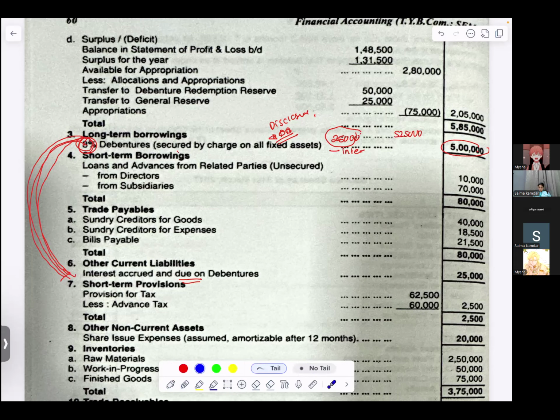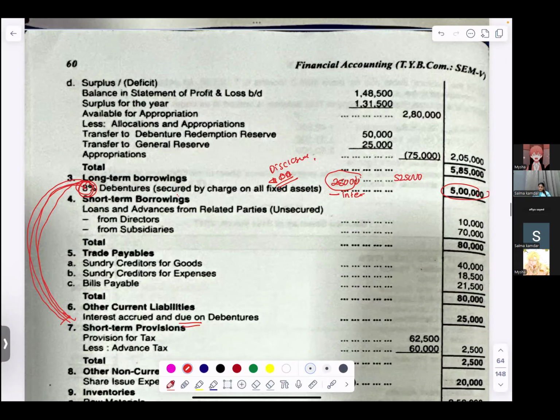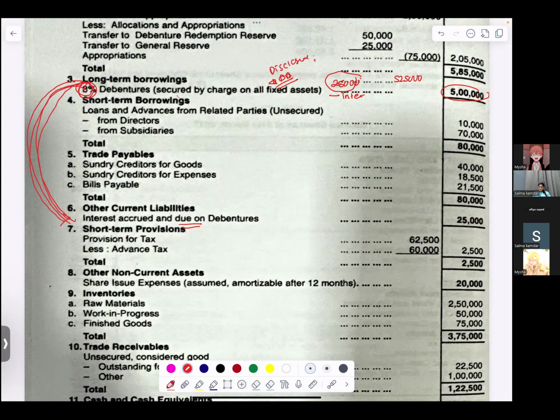Creditors include creditors for goods 40,000 while for expenses 18,500. So in your current liabilities, what is this? Trade payables. Trade payables are separate things, right? So they've given you that you have trade payables for goods and expenses separately.